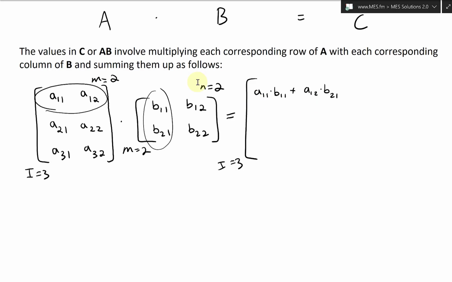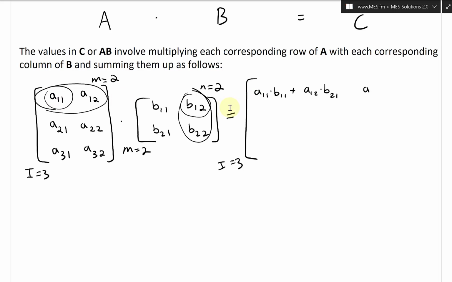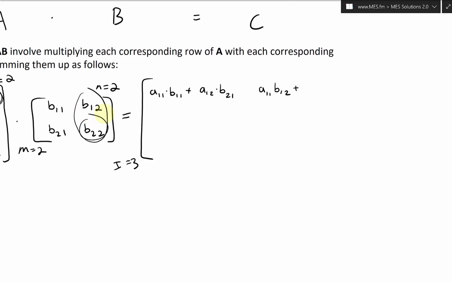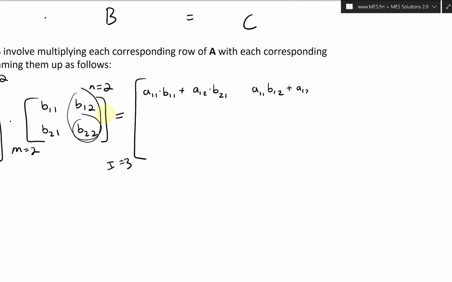And then the second one's going to be, well, we're going to multiply now this row by this column. So in other words, we're going to get A11. Again, I'll just do this one last time, just to illustrate this. So A11 multiplies with this, A11, and then B12. And then we're going to get this multiplied by this, and then plus A12, and then B22.